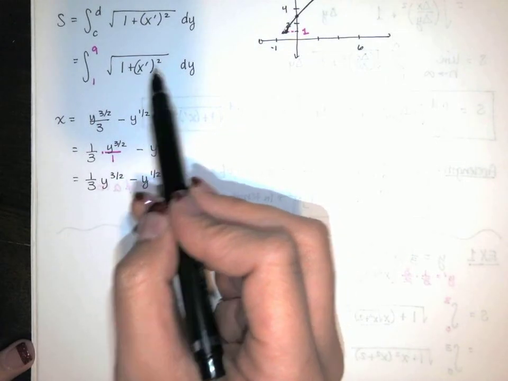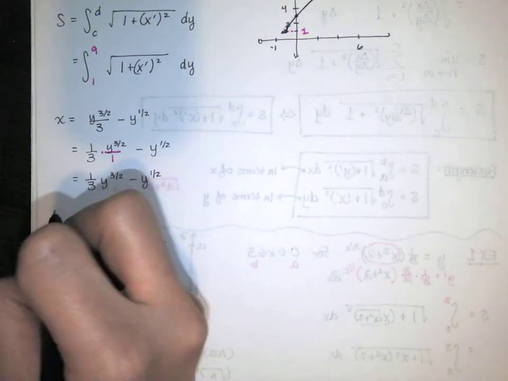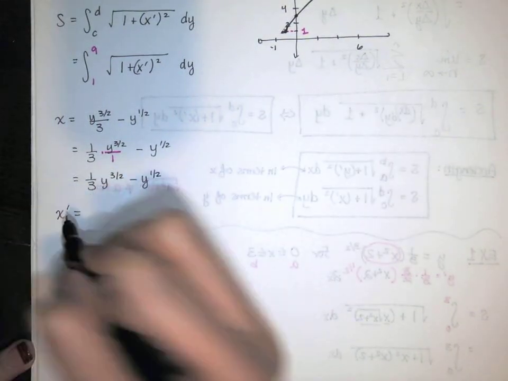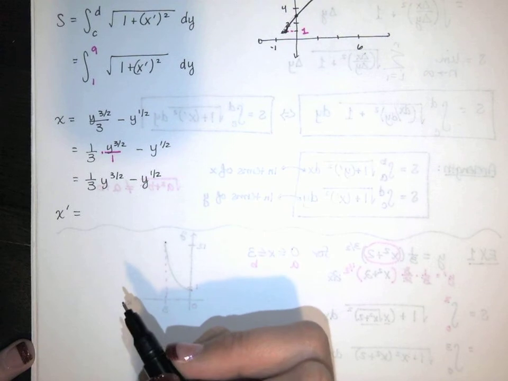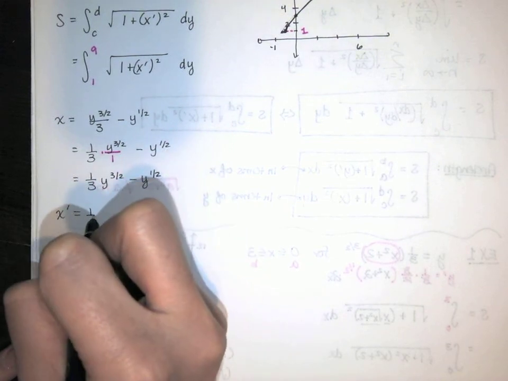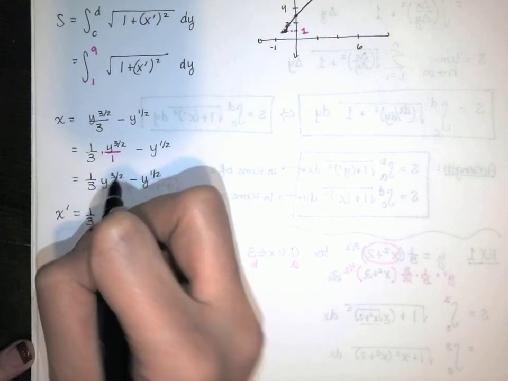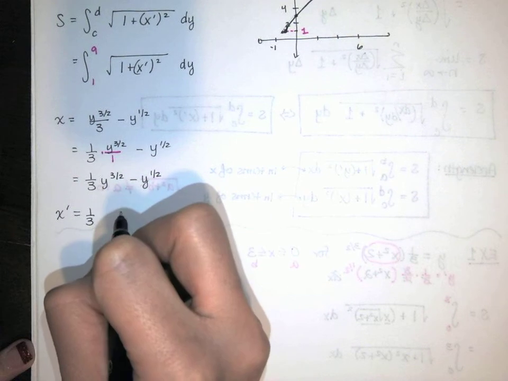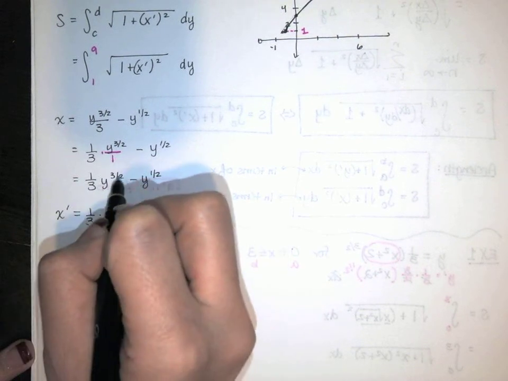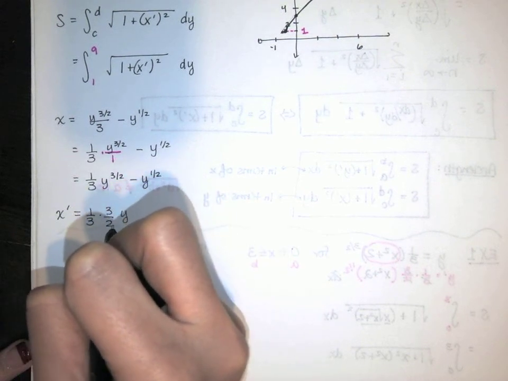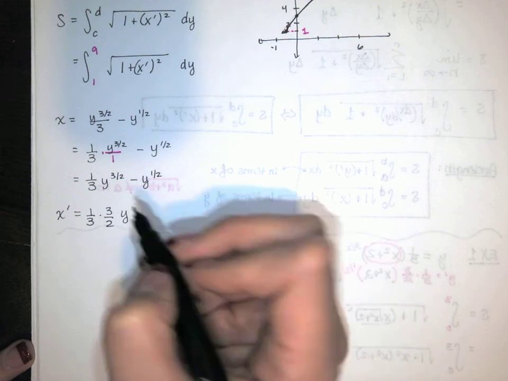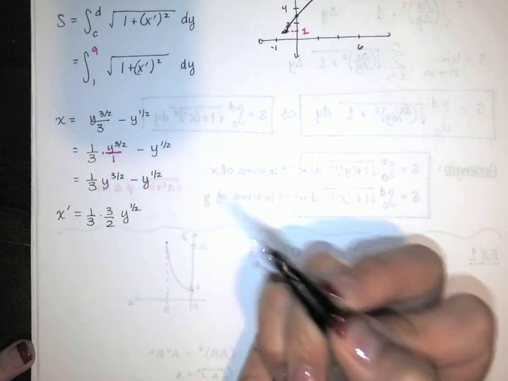Now, according to our formula, I've got to take the derivative of x, I've got to square it, and I've got to add 1. So first I'm going to take the derivative. This is just the power rule. So we bring our constant down, and then you've got y to some power. The derivative of y to some power with respect to y is that power times y to the 1 less power. 3/2 minus 1 is 1/2.